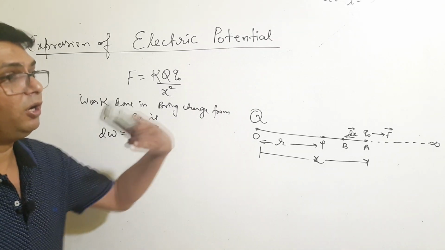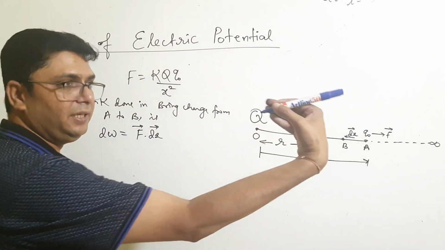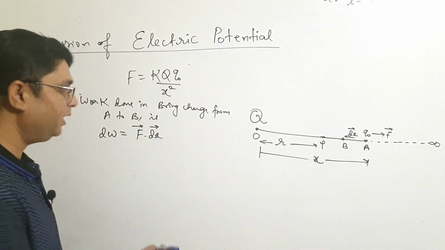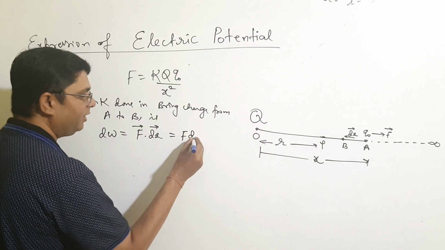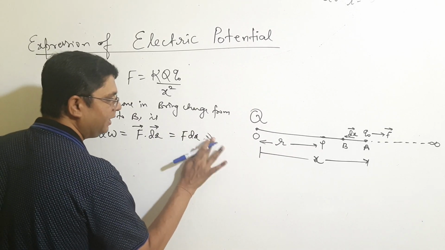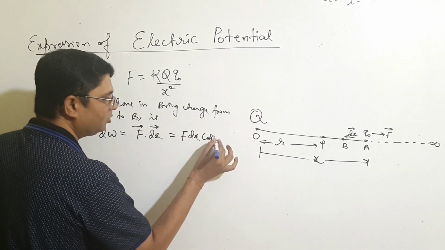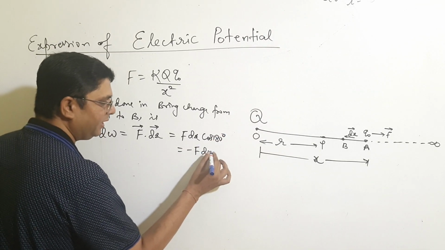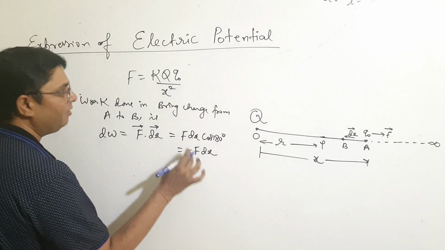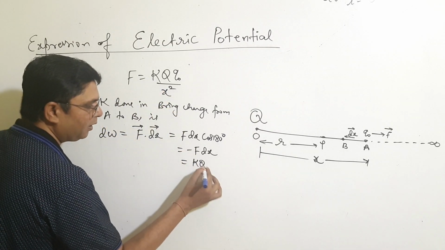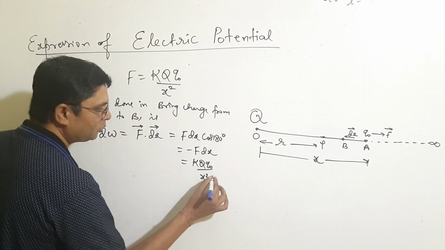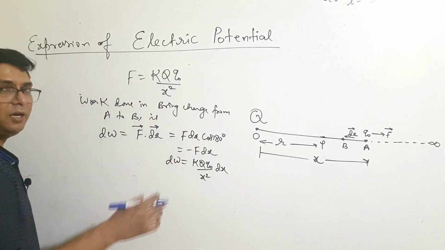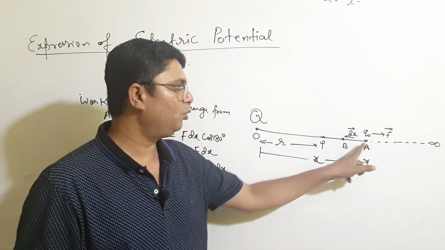Since F is in that direction and dx is in this direction, both are in opposite directions, so the angle is 180 degrees. So you write F dx cos 180 degrees. Cos 180 is minus 1, so you have minus F dx. The value of F is K Q Q naught upon x square, into dx. So this is the work done when you move the charge from A to B.